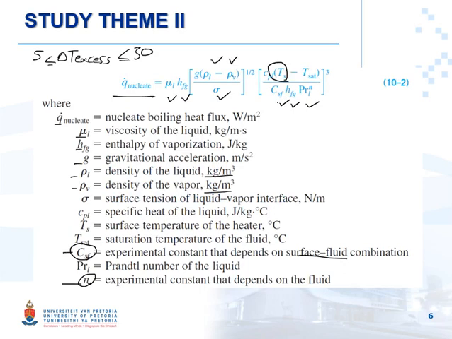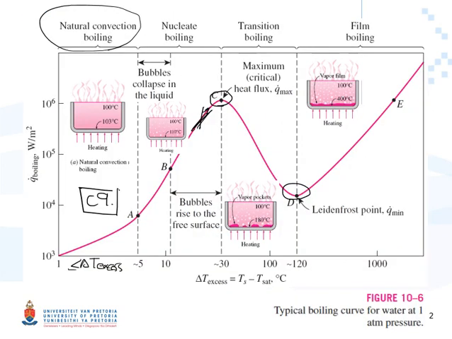So basically at delta T excess equal to 30, this should give you the same answer as Q dot max. Why? Because at 30 both of them are the same.